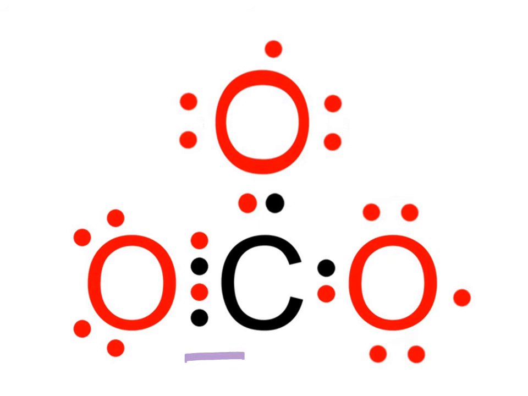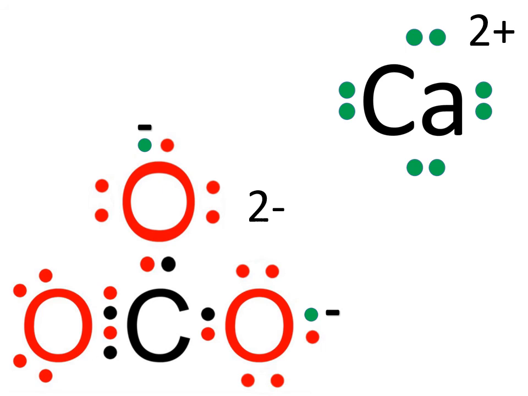So these 2 oxygen atoms are unstable, as they both need 1 more electron each to have a full outer shell, as they only have 7 electrons even after sharing some with the carbon atom. So these oxygen atoms can gain the electrons that they need from other atoms. Here, calcium donates the 2 electrons.